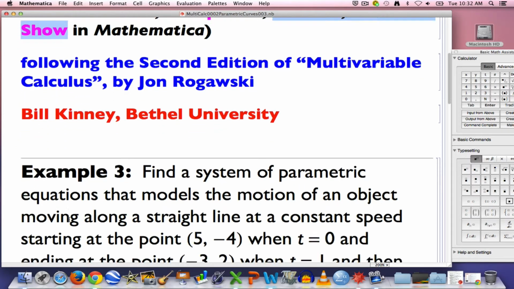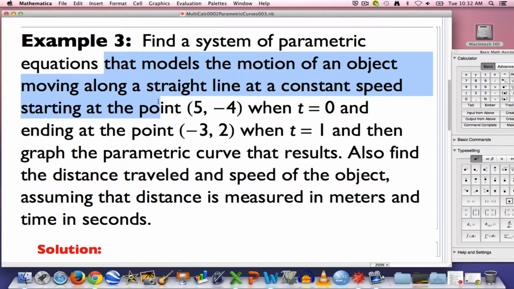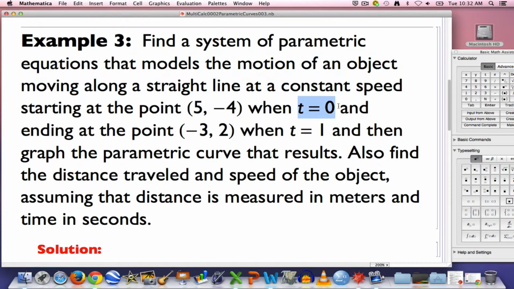So here's our example. We're not given the equations this time; we want to find a system of parametric equations, and ultimately two functions, that models the motion of an object moving along a straight line at a constant speed, starting at a certain point, (5, -4), when time is 0. t is time, it's the parameter, and ending at a different point, (-3, 2), when t is 1.